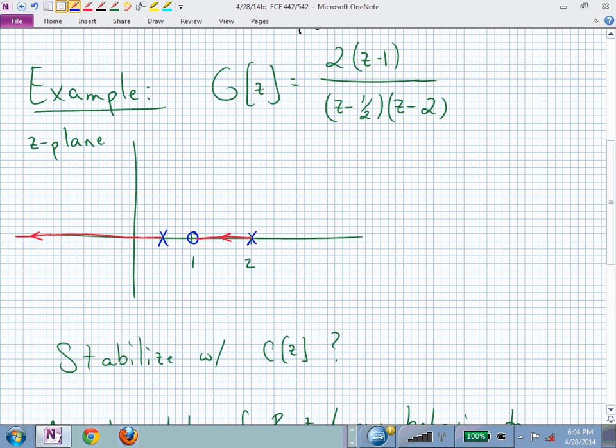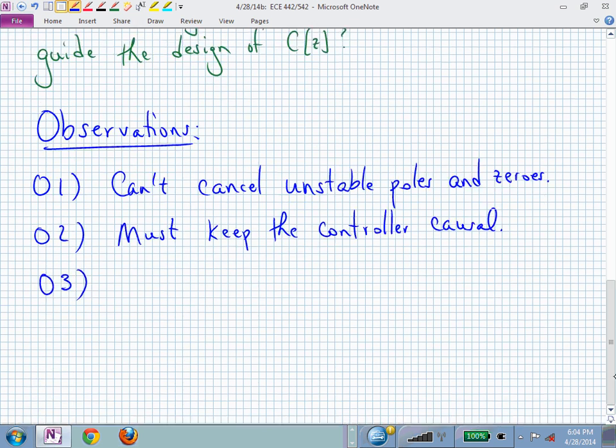Right now, no matter what we do to the gain, we have a closed loop pole between 2 and 1. So somehow we have to eliminate that branch between 2 and 1. That's our third observation.